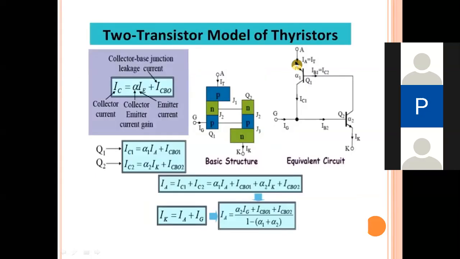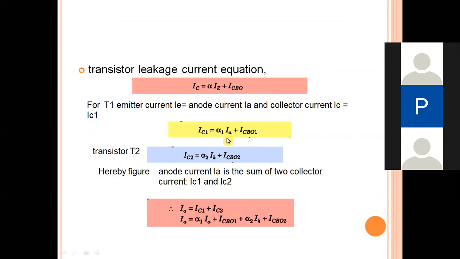What is the IE here? The emitter current of transistor 1 is equal to IA, isn't it? So the leakage current equation for transistor 1 is IC1 is equal to alpha 1 IA plus ICB01. This ICB01 is the common leakage current between the collector and the base terminal for transistor 1.